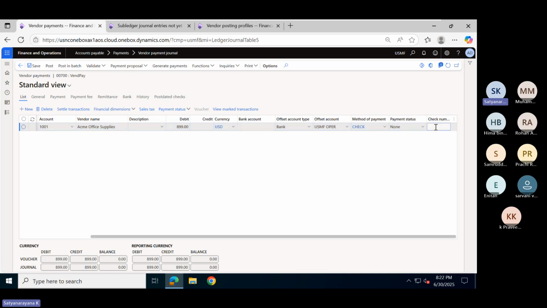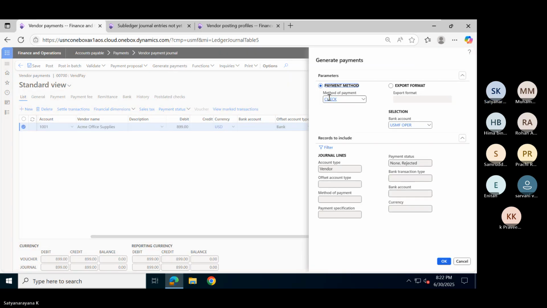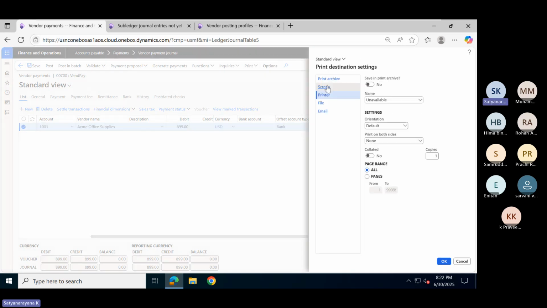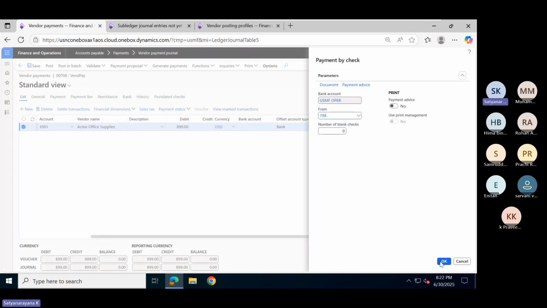Here I need to enter the check number. I cannot enter it manually. The field is disabled. So what you have to do is click on generate payments, method of payment check, USMF operations. Click OK. Now document. Here I'm taking a screenshot, click OK, click OK.